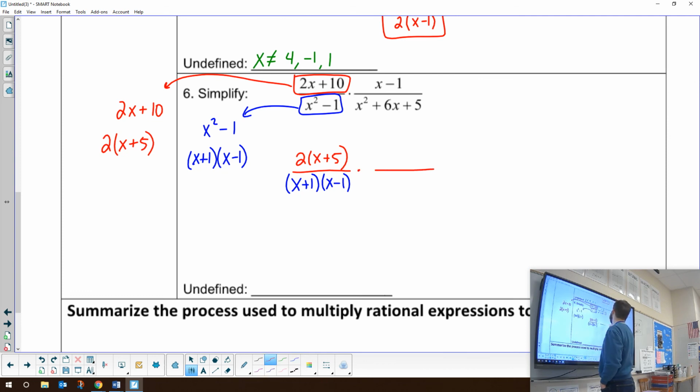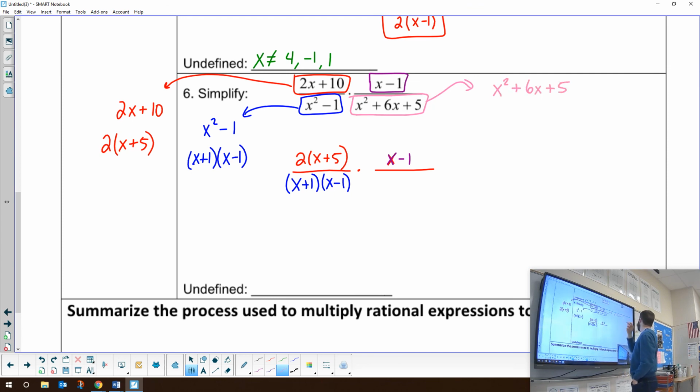Next factor, we have this x minus 1 on top. I can't factor that at all, so we're just going to leave it as x minus 1 on top. And our last one, this x squared plus 6x plus 5. Go off to the side, write that out, x squared plus 6x plus 5. Remember, we can just do our x and our plus and everything, but I'm just going to write my parentheses.